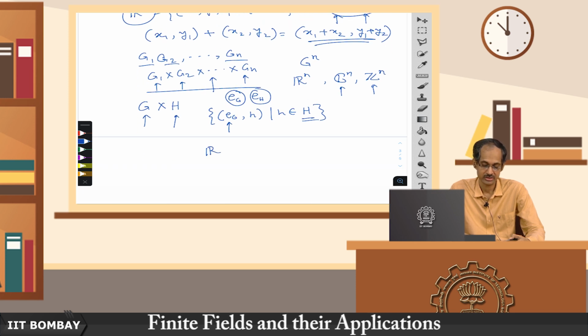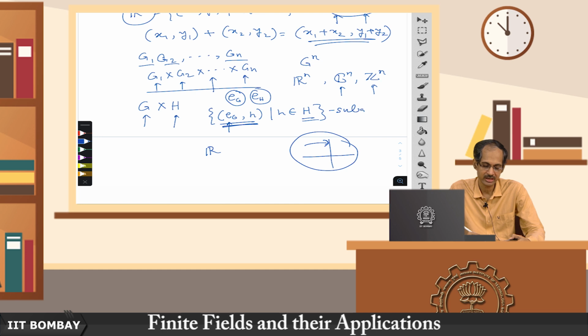This is a subset. So, this is like the y axis in the case of R², where we are saying the first component is fixed to be 0. So, it is the set of the form (0, y), it is the y axis. As we said, in this case this y axis was a subgroup.